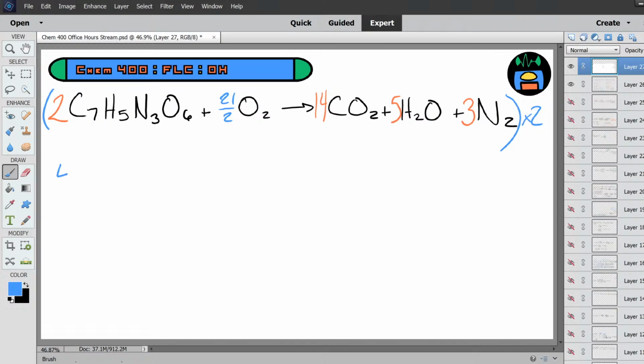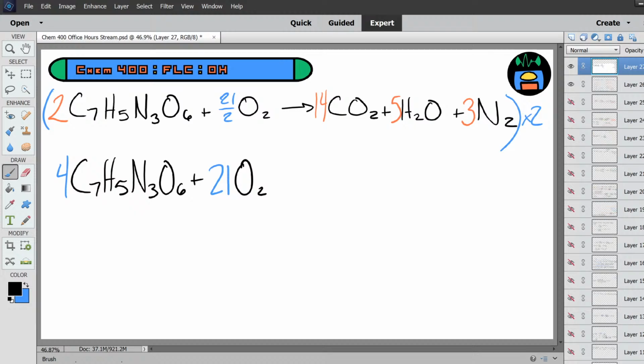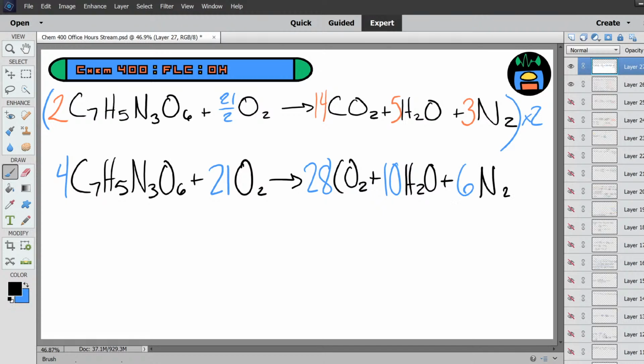So we're going to end up with 4 C7H5N3O6 plus 21 molecules of O2, producing 28 molecules of carbon dioxide plus 10 molecules of water and 6 molecules of nitrogen.